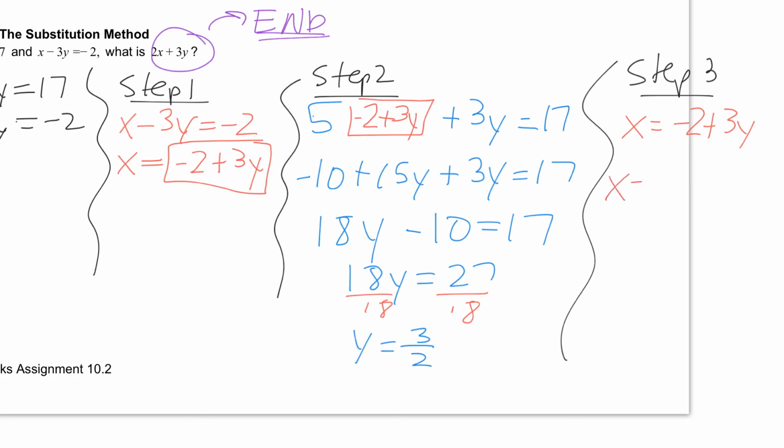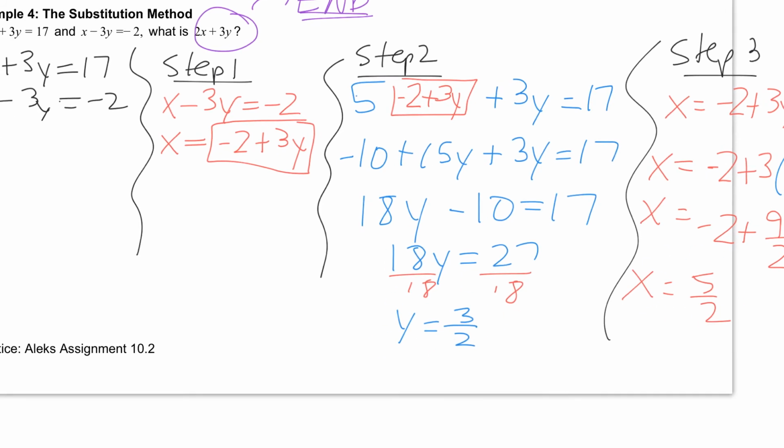So we have x equals negative 2 plus 3 times 3 over 2. 3 times 3 over 2 is 9 over 2. So x is going to be negative 2 plus 9 over 2. And if we add those two together, we get an answer of 5 over 2. So our answer for our x and our y is 5 over 2 and 3 over 2.